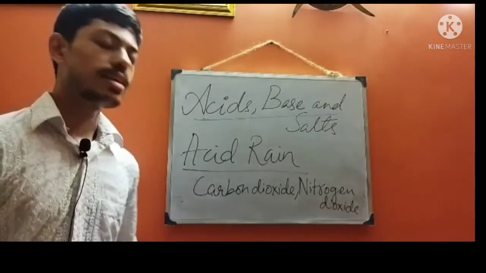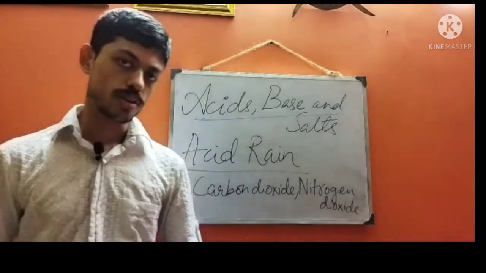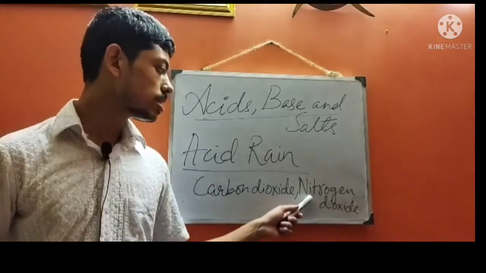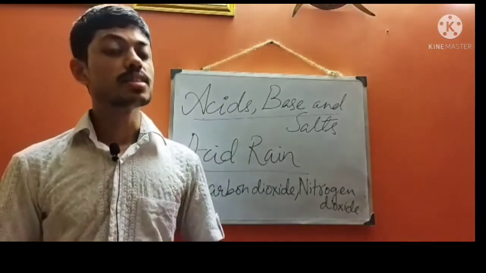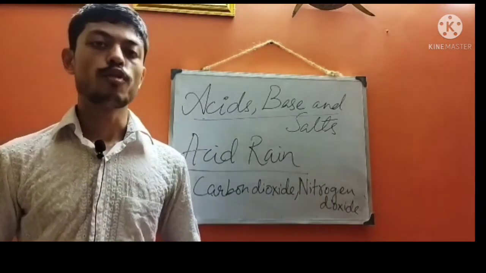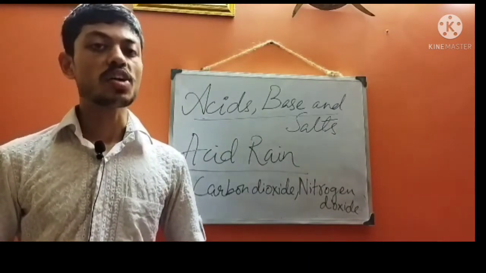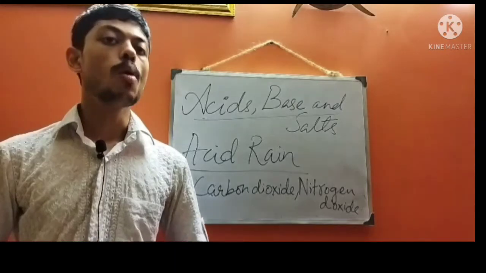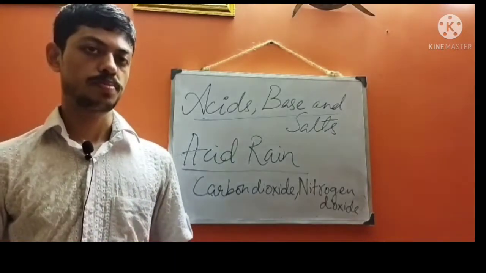When these gases react with water, they form acids like carbonic acid, nitric acid and sulfuric acid. When these fall on the earth, they cause a great amount of damage to living organisms as well as the monuments and buildings.